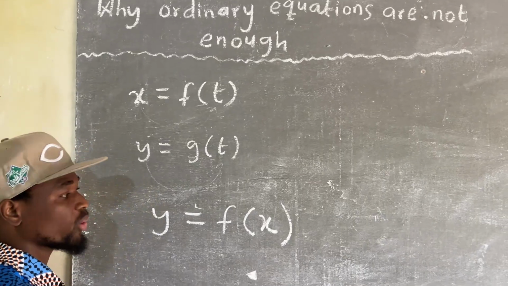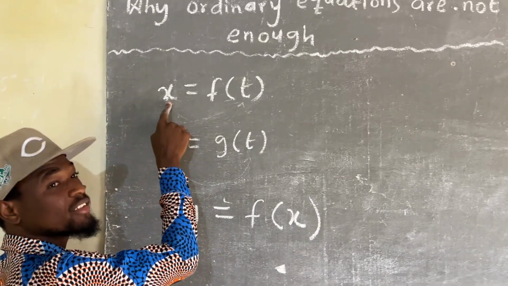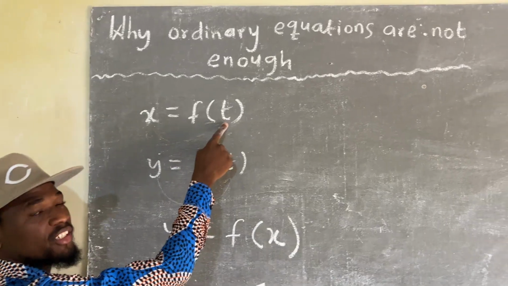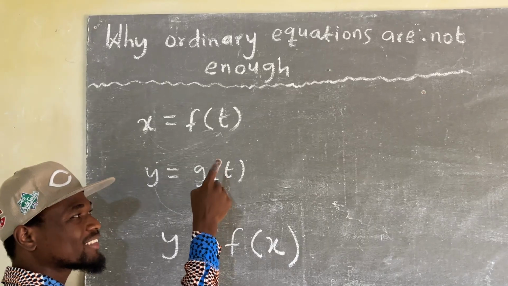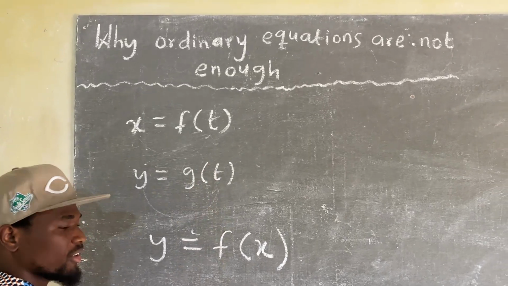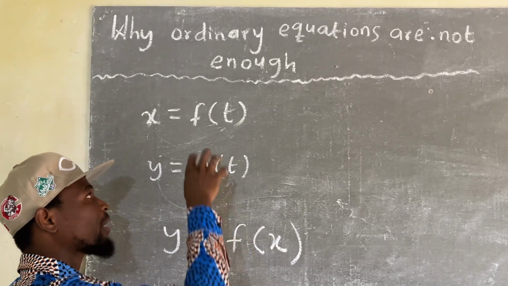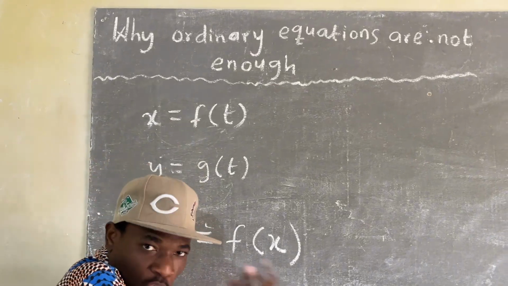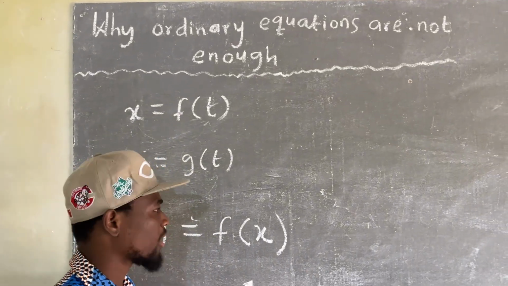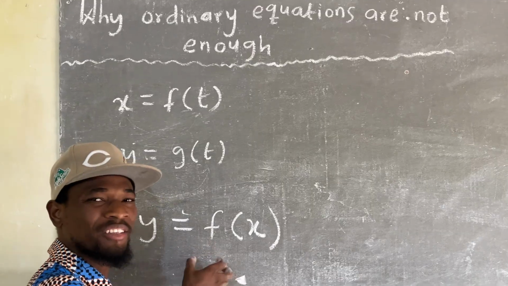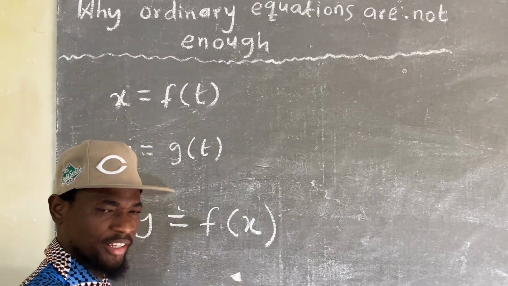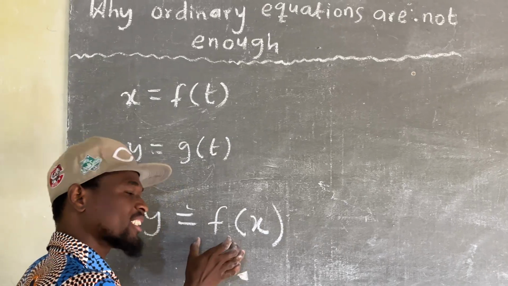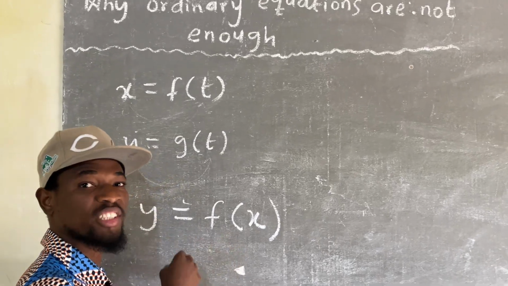But for parametric equations, you have x depending on t, and at the same time y depending on that same t. So parametric equations speak volumes about something, but the ordinary equation doesn't really give detailed information. So these ordinary equations are not enough.